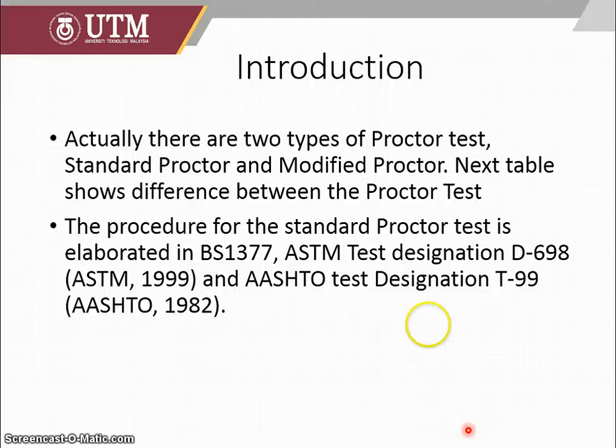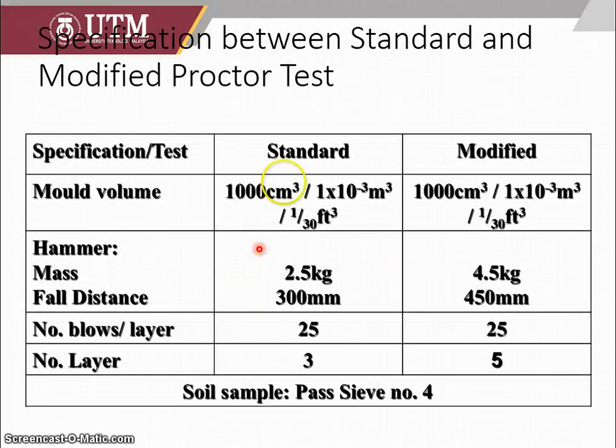Okay, for the laboratory purpose, we have standard proctor and also modified proctor. For your course, we cover the standard proctor and we follow the British Standard, BS 1377. And I hope you still remember the mold volume of the standard proctor. It is equivalent to 1000 centimeter cube, and it has a hammer which we want to have a free fall.